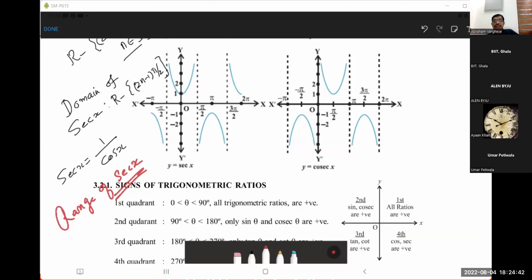Any idea? Anybody? Range is minus 1 comma 1.